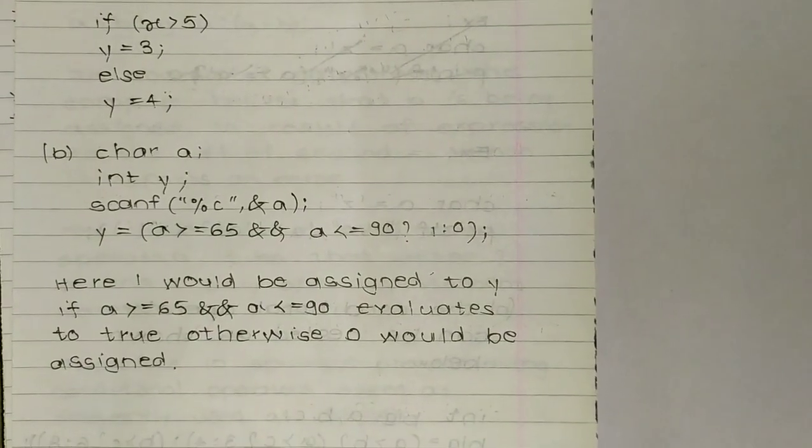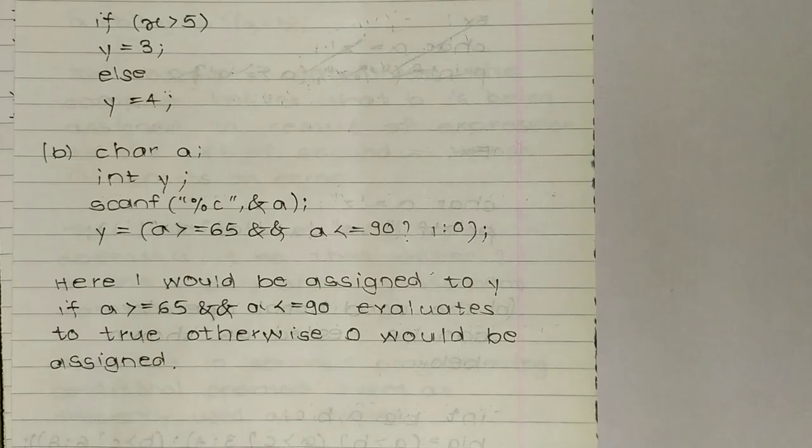Now char a; int y; scanf("%c", &a); y = a >= 65 && a <= 90 ? 1 : 0. So here 1 would be assigned to y if a is greater than or equal to 65 and a is less than or equal to 90.